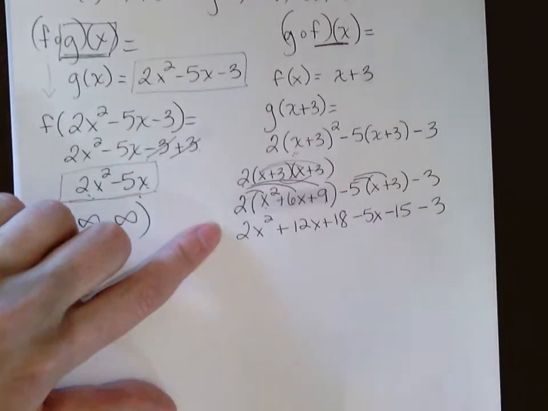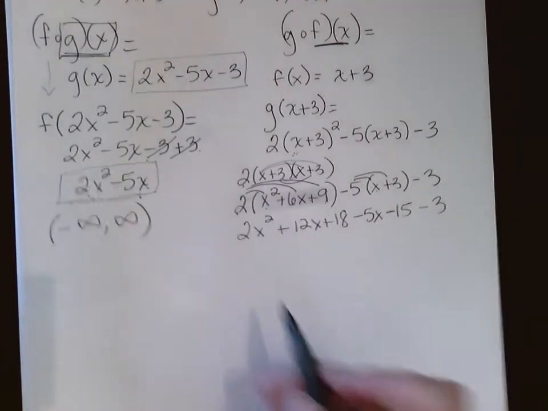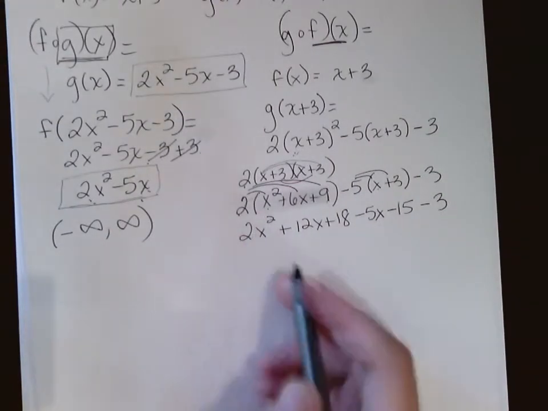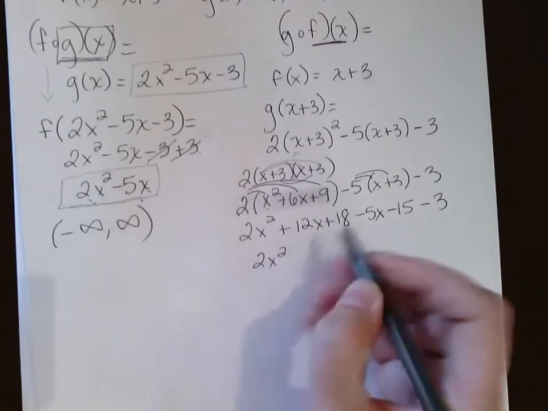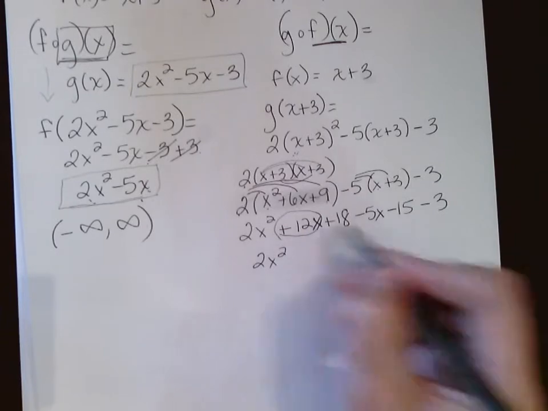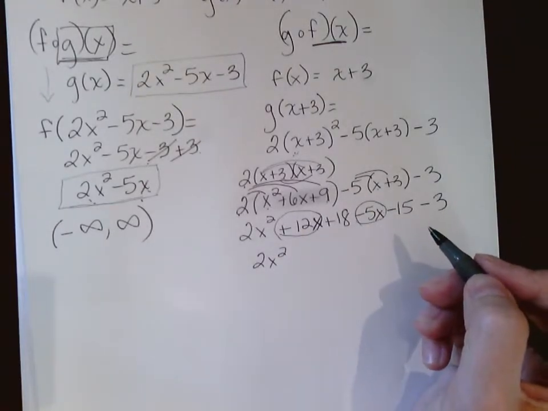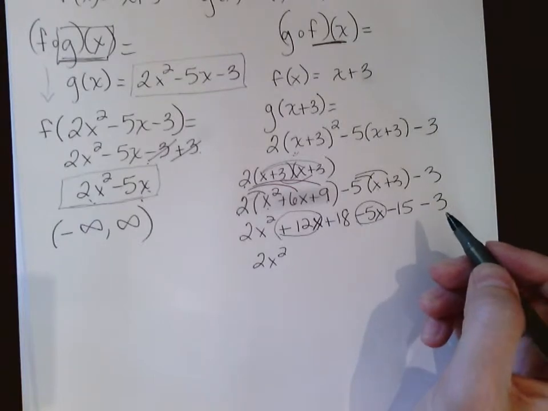Bring down that minus 3. Now, let's clean this up, which means combine like terms. There's no other squareds, so let's just put 2x squared. Let's see, there's an x, a 12x, and a negative 5x. So if I put those together, that gives me a positive 7x.